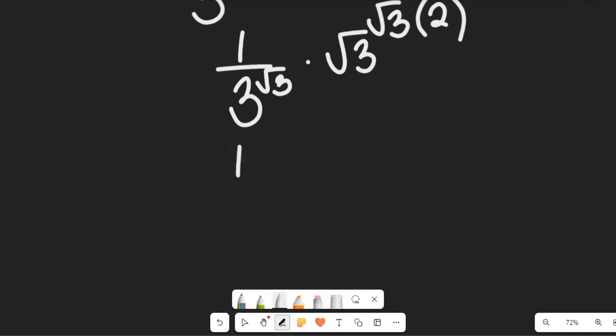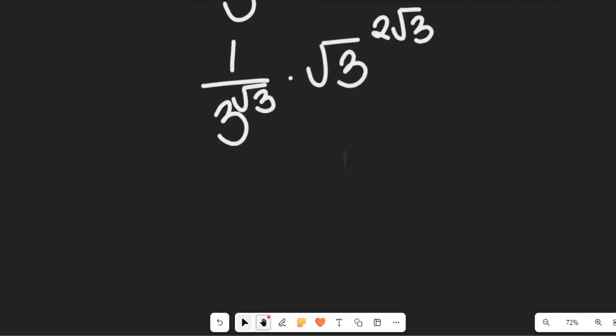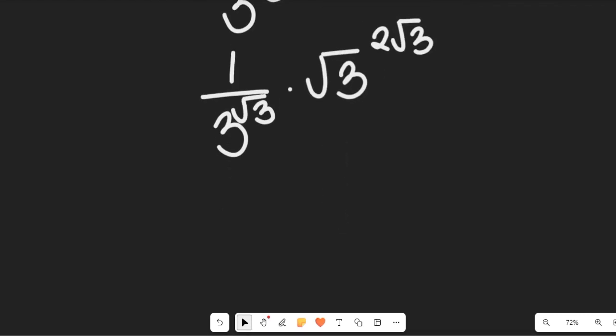So what would that expression give me? That expression will give me 1 divided by 3 root 3 multiplied by root 3 to the power of 2 root what? 2 root 3. So from that expression, I can still apply a law of indices.